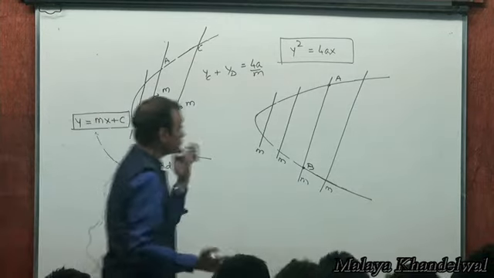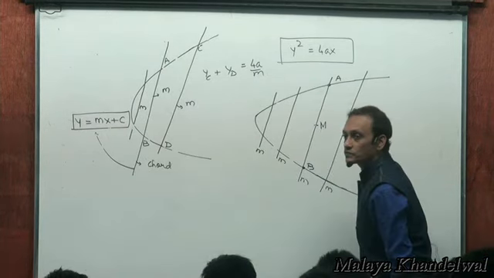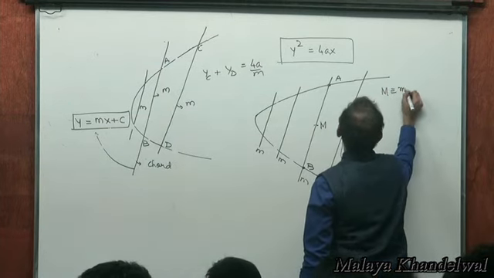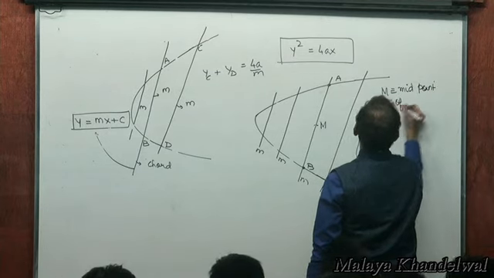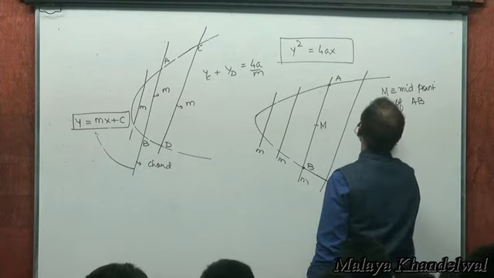Now, if I took the midpoint of any of these chords, if M is the midpoint of AB, for any of these parallel chords, then what would be y of M?